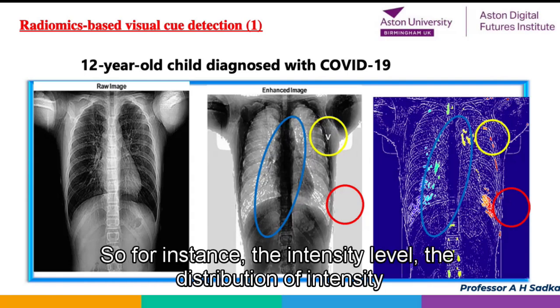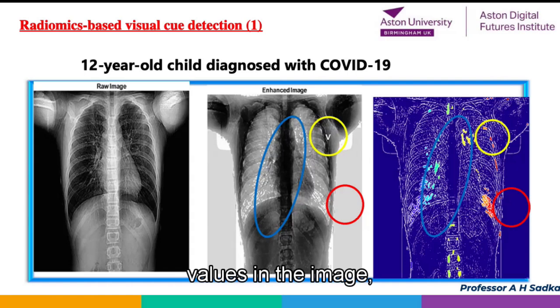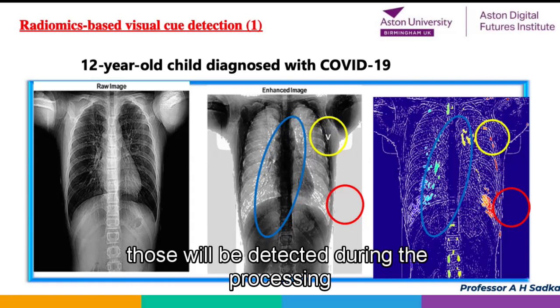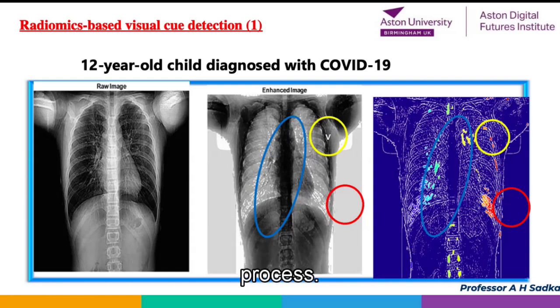So, for instance, intensity level, the distribution of intensity values in the image, the actual density of the intensity level, etc. Those will be detected during the processing.